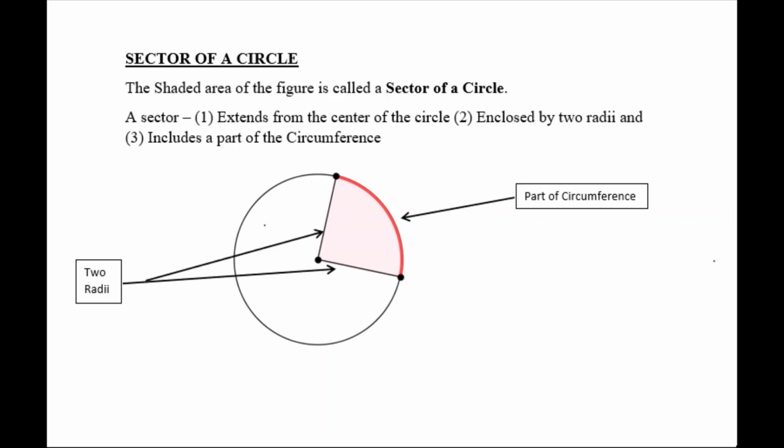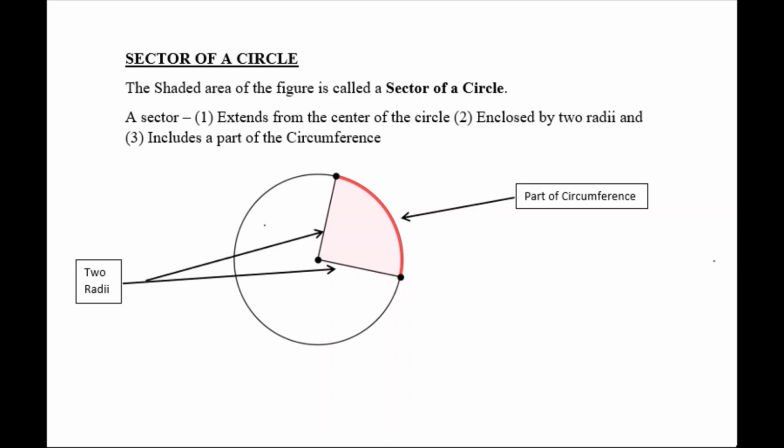So the first one is this sector should extend from the center of the circle. So that is satisfied in this diagram, and it has to be enclosed by two radii. So there should be two radii covering this sector, and it should include a part of a circumference.